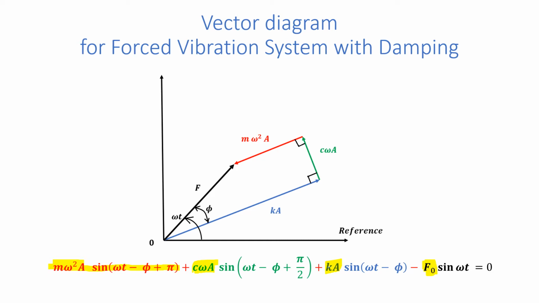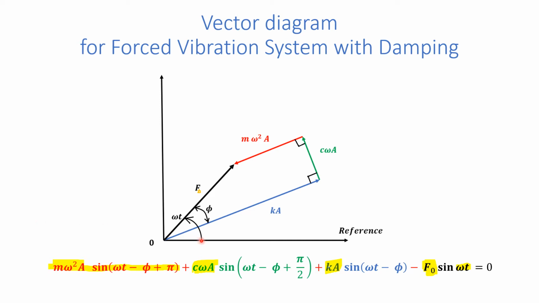Now at any time t, let the system complete turns omega t angle. So we take a reference, we take angle omega t, and external excitation is F naught.